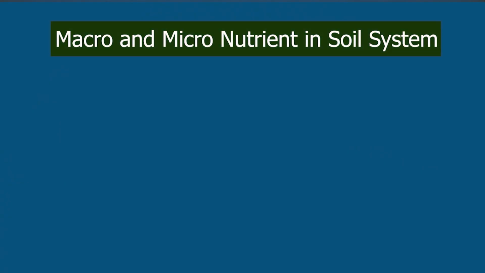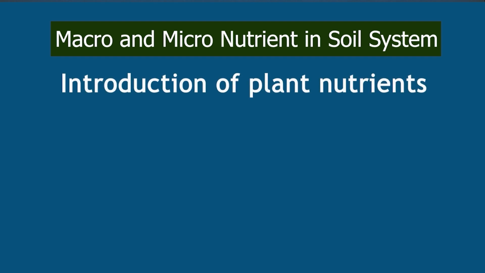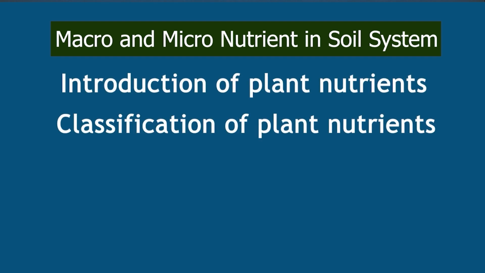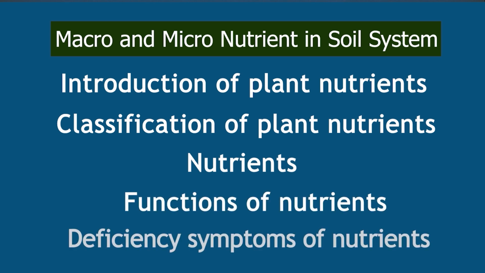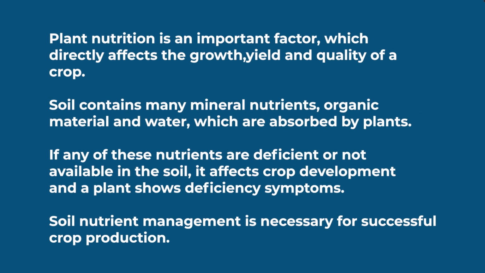In this session, we will learn about introduction of plant nutrients, classification of plant nutrients, their function and deficiency symptoms. So viewers, let us understand introduction of plant nutrients. Plant nutrition is an important factor which directly affects the growth, yield and quality of a crop.